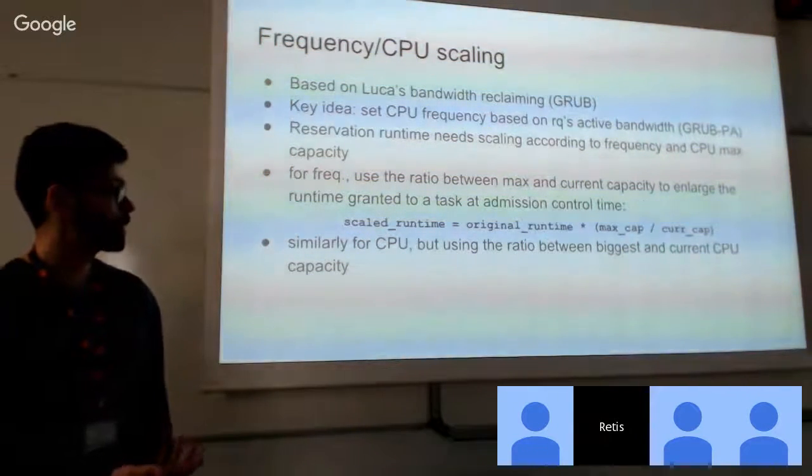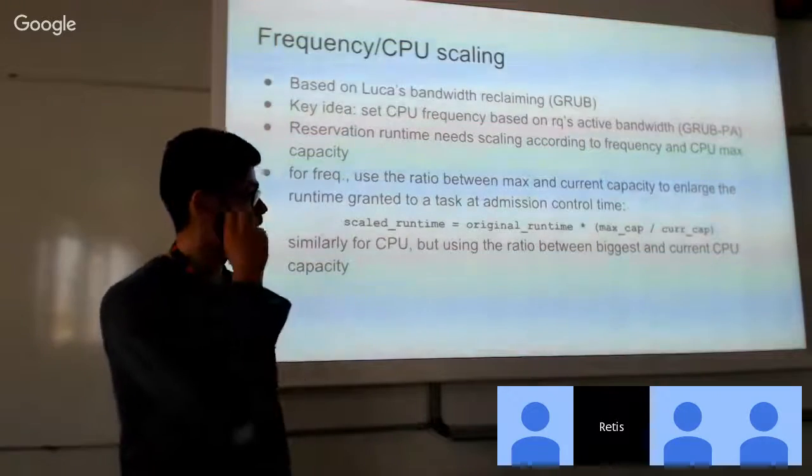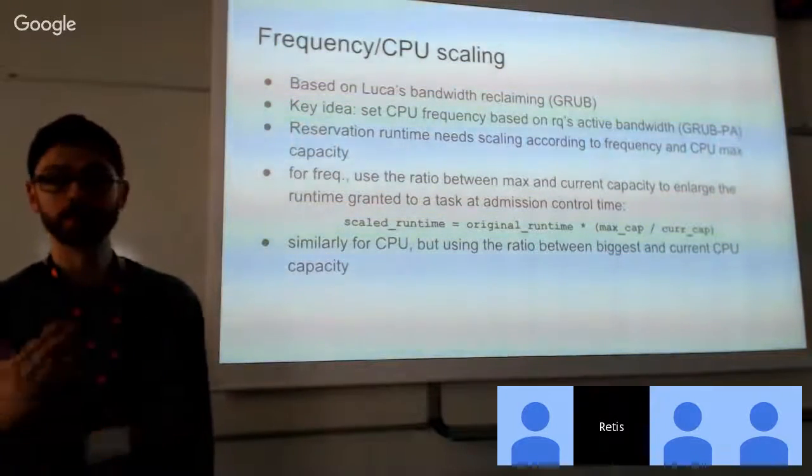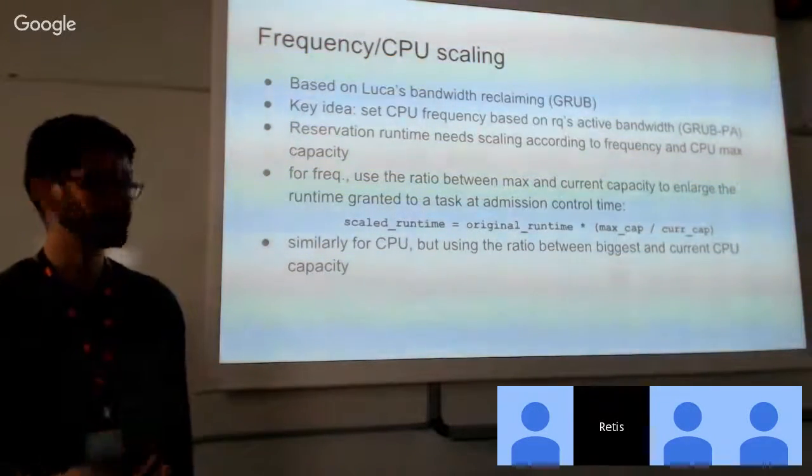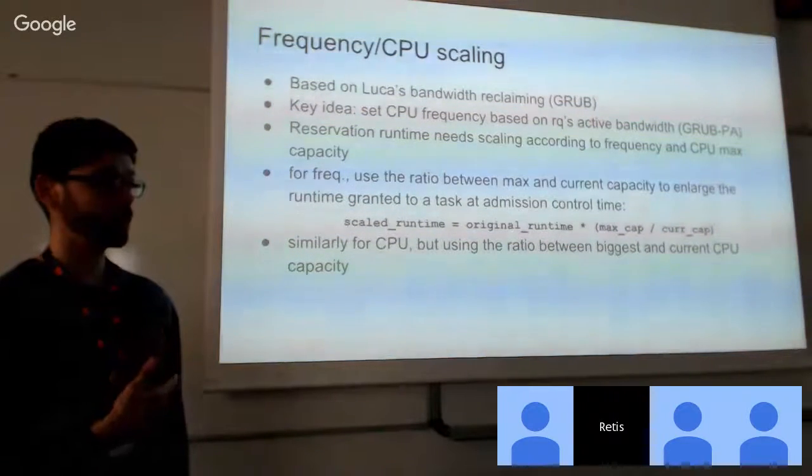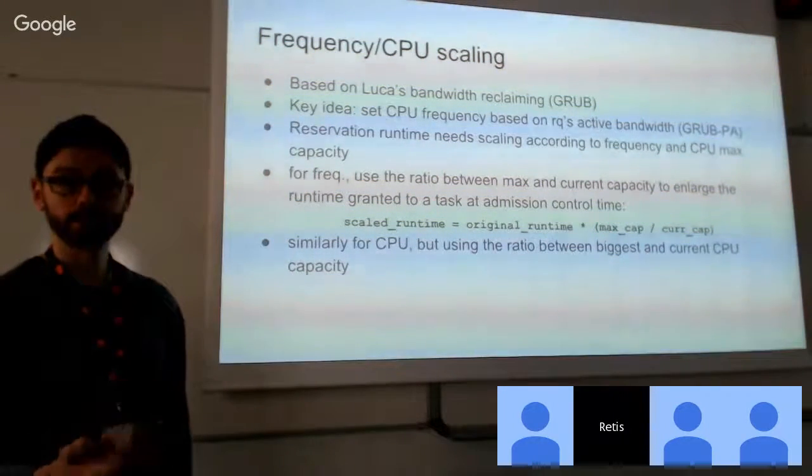For example, for frequency, it's pretty easy because we have the current capacity and the max capacity. We compute the ratio, and then the original runtime granted to the task is scaled by that amount.